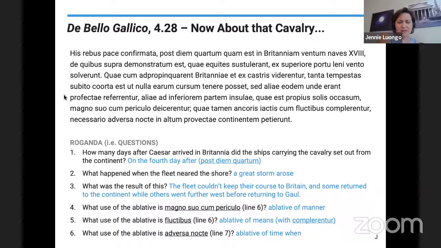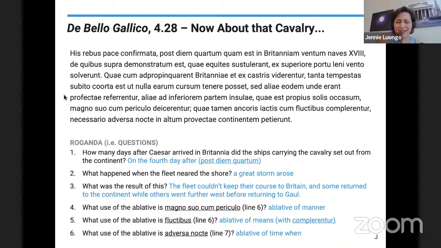And then what is the ablative of magno suo cum periculo? They were thrown down with great danger to themselves. So this is an ablative of manner, because of the cum is how we were taking it. It kind of replaces an adverb, like very dangerously or something like that. Yeah.